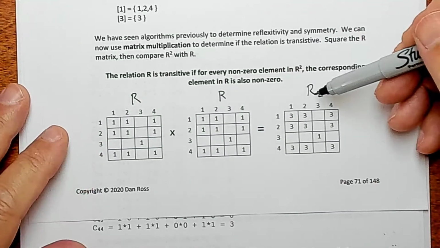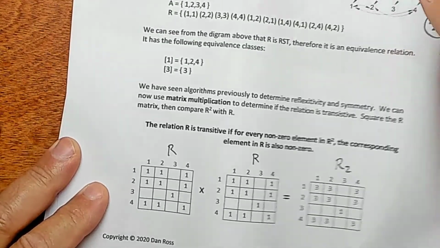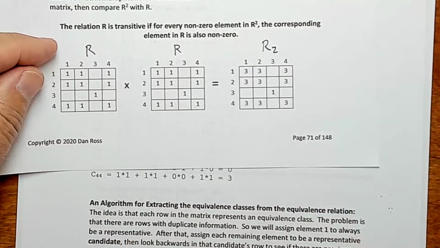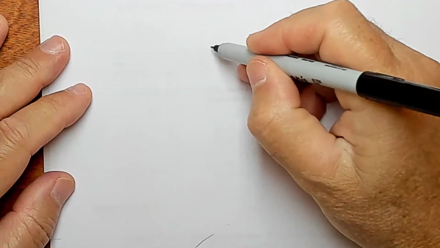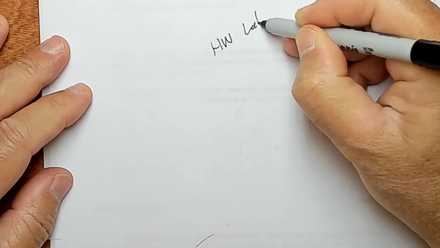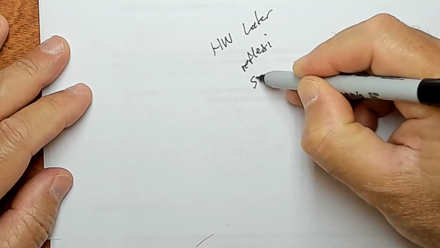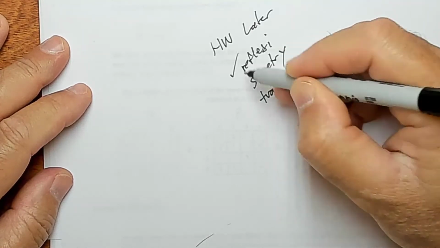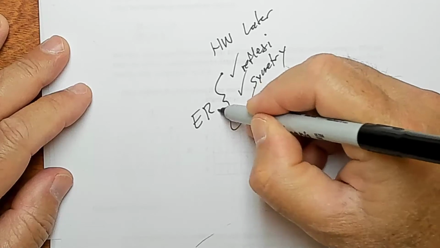That's going to be on the homework. I'm going to ask you to write matrix multiplication, implement this matrix multiplication thing, generate this, and then check. Write a program that goes through here and checks these. So the homework basically: you're going to determine reflexivity, symmetry, and then transitivity. If all 3 of these are true, then this thing must be an equivalence relation.